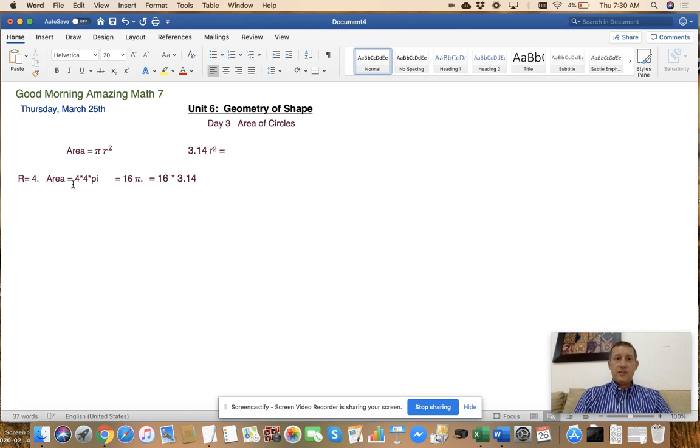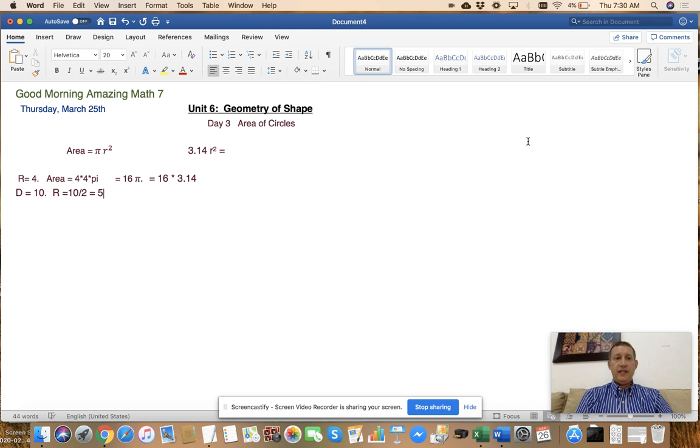All right, so my battery's about to die, so I'm going to really quickly show you what happens if we are given the diameter. If you're given the diameter, let's say the diameter is 10. Well, first you have to find the radius. So the radius, if your diameter is 10, is going to be half of that. It'd be 10 divided by 2, which equals 5.